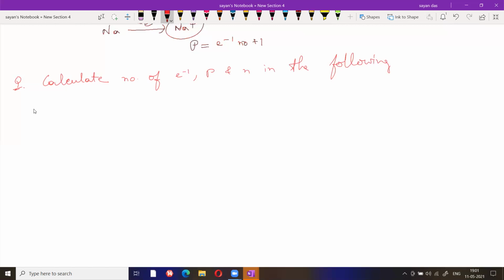First one is the sulfate ion. What is the formula for the sulfate ion? SO4 2 minus.